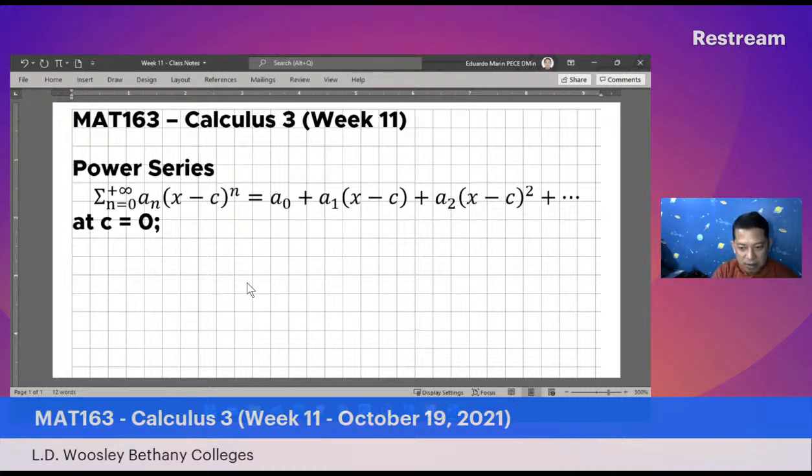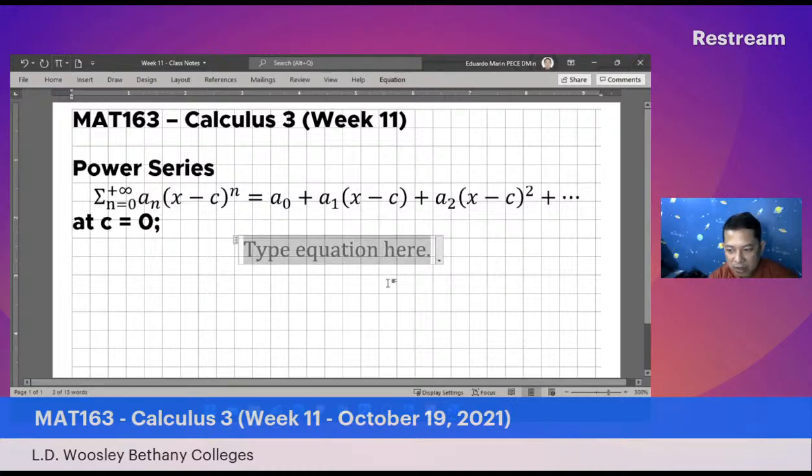Pasensya na. So we could have a similar expression at c equal to 0.